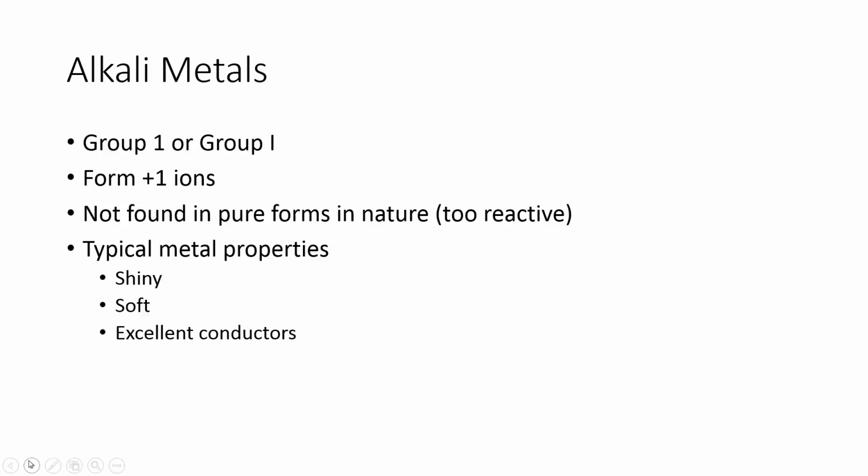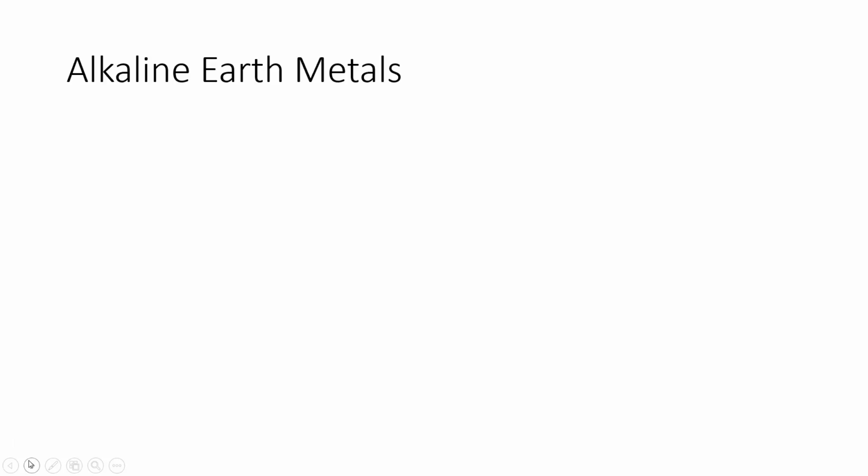Alkali metals are sort of the perfect metal, if you appreciate what I mean by that. So they have very, very typical metal properties. They're very shiny, they're very soft, and they're excellent conductors. The next group are called the alkaline earth metals. They're in group 2.